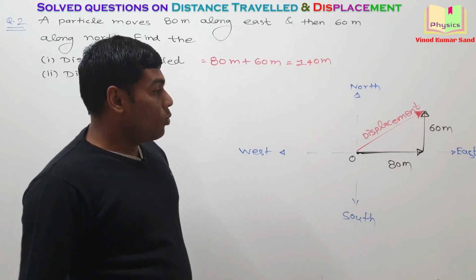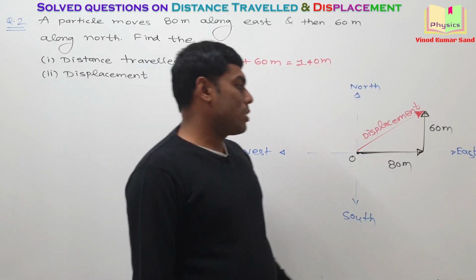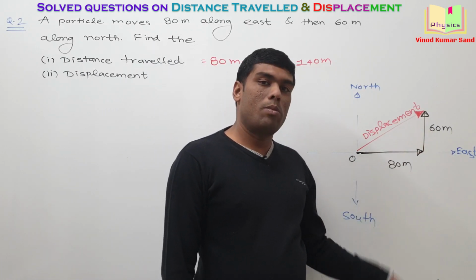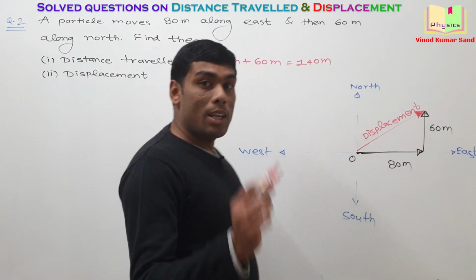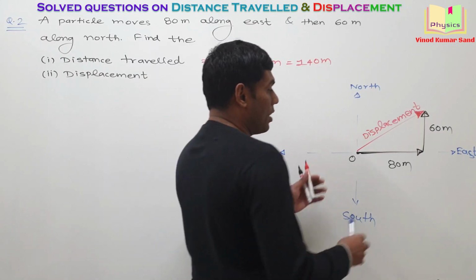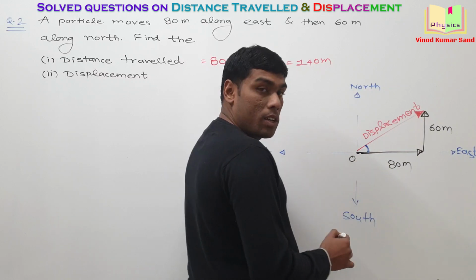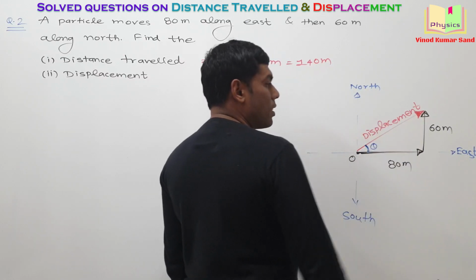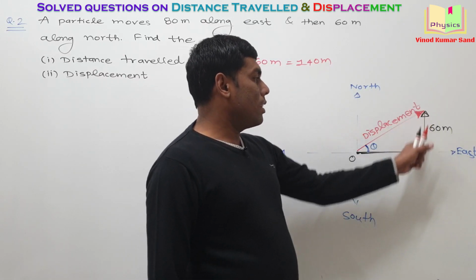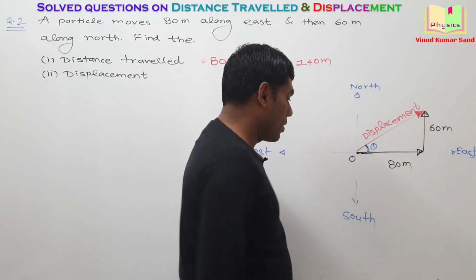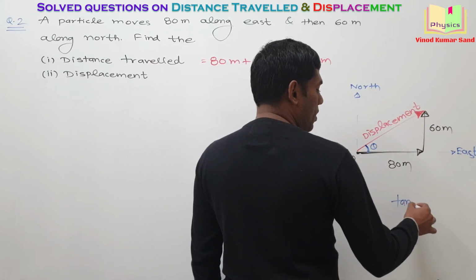Understand? What will be the magnitude of that displacement? By Pythagoras theorem, you can tell that, as well as you can tell this direction using the trigonometry. Suppose this angle is theta. How much is tan theta in this triangle? Speak up.